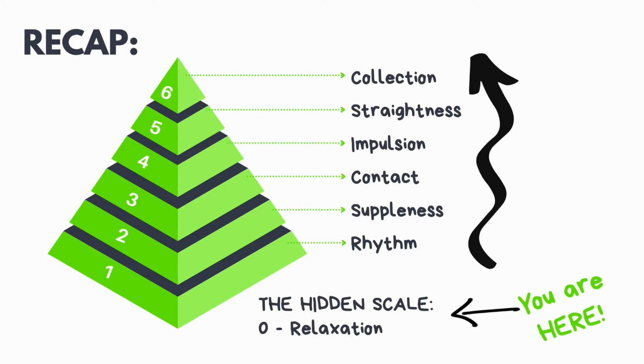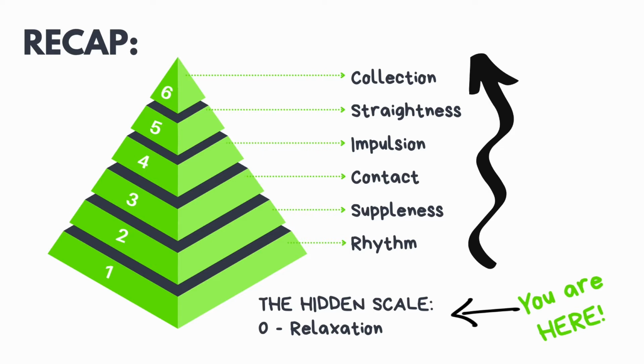Now if your horse is anxious or nervous, it's unlikely that you will get a correct and consistent rhythm. This is because the tension in the horse's body will prevent him from moving in a balanced and rhythmic way. You will also not be able to achieve suppleness, which is the second scale, because the horse can't be supple in his body if he is tense and tight.